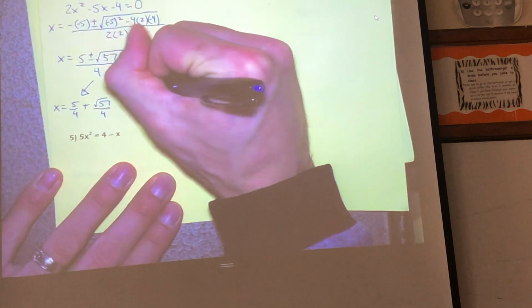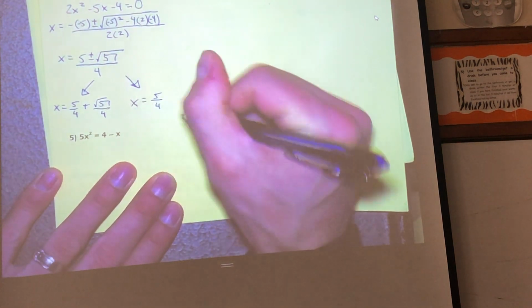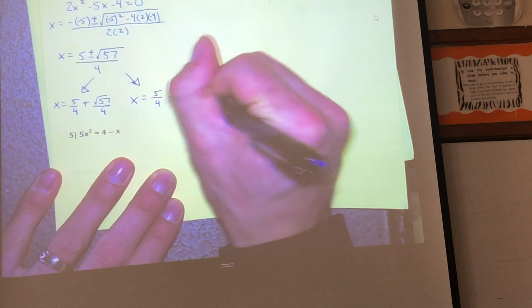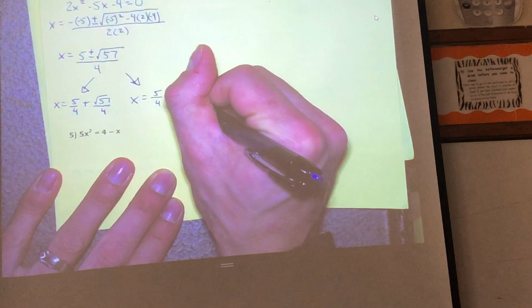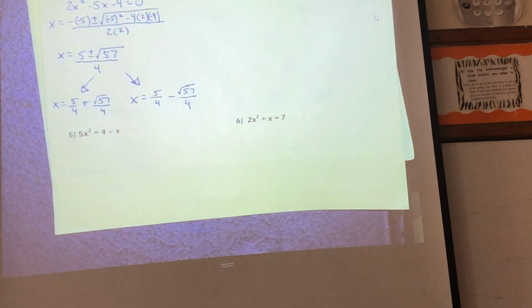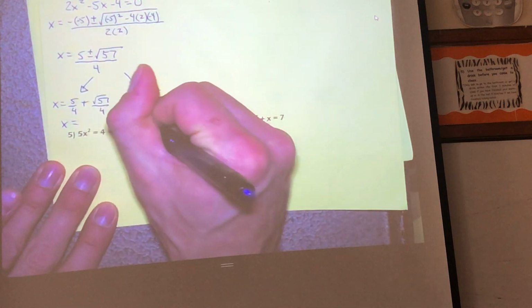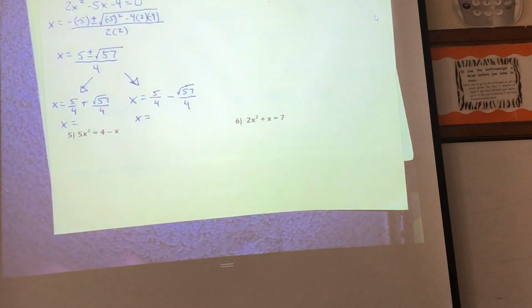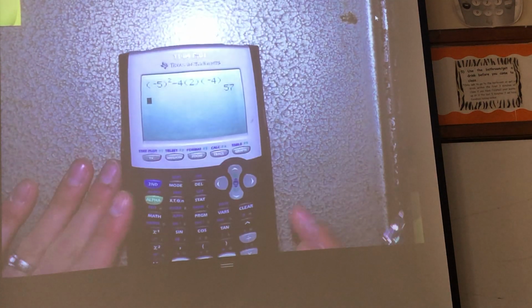And we also have x is equal to 5 over 4 minus radical 57 over 4. So I'm going to use my calculator to get my x values, my roots, my solutions, my zeros. Those are all names for them.